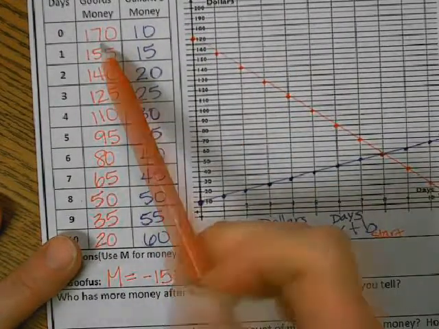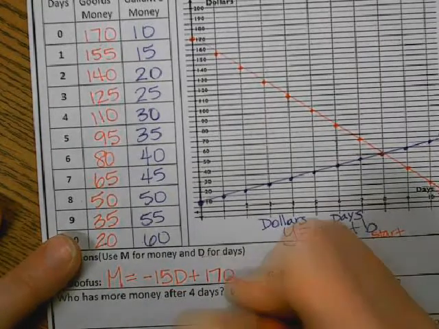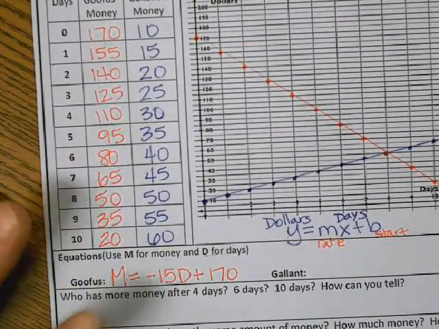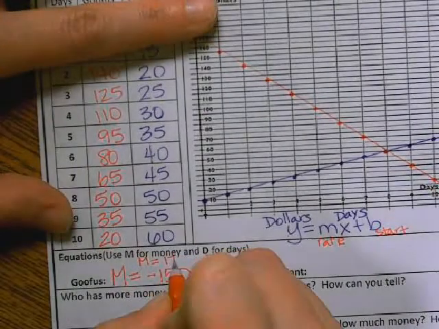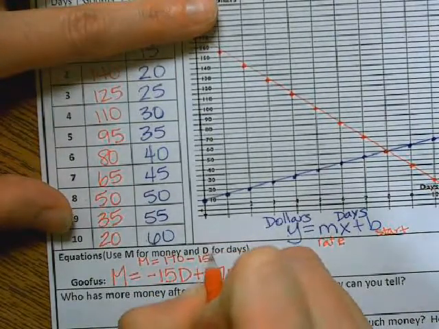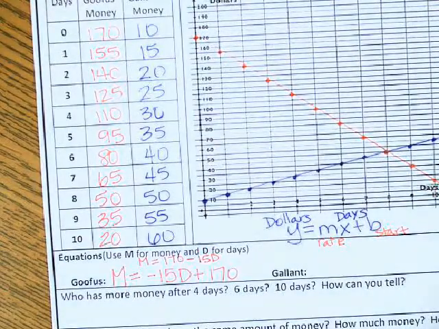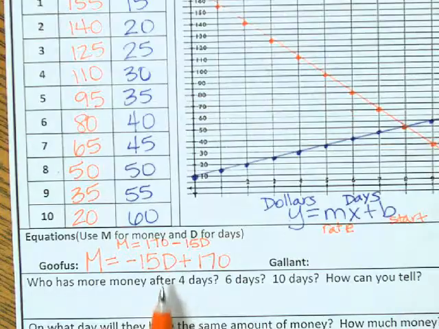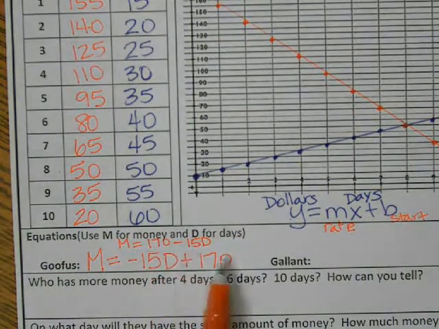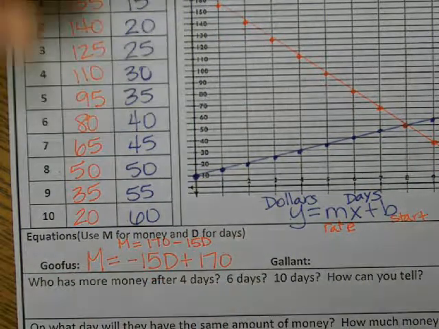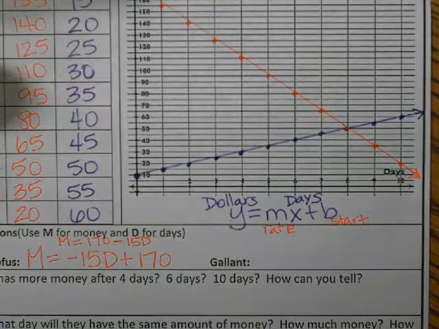He started with 170. Most people don't write this equation this way. Sometimes they write it as m equals 170 minus 15d. Okay, so you could write it as negative 15d plus 170, or you can write it as 170 minus 15d, either way.